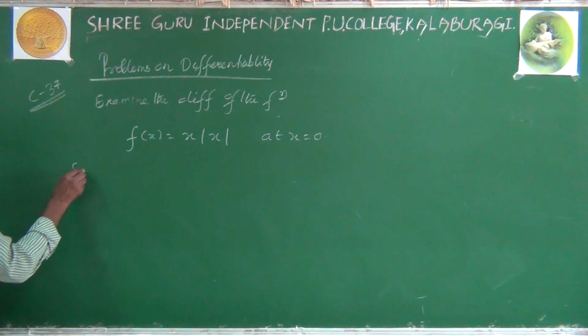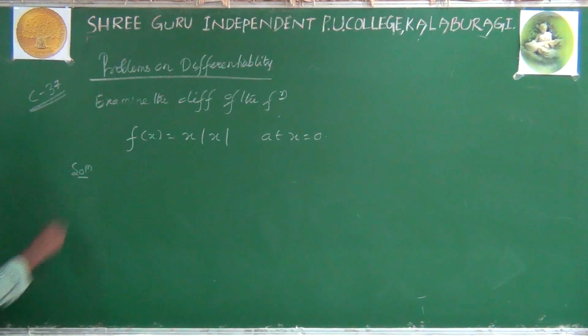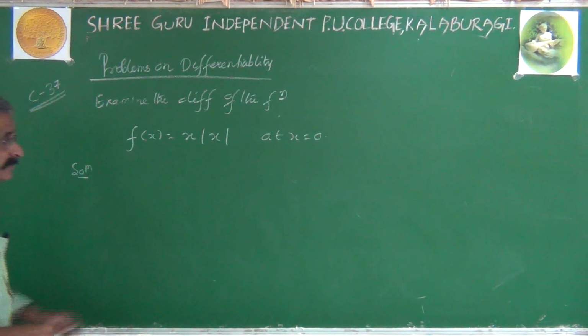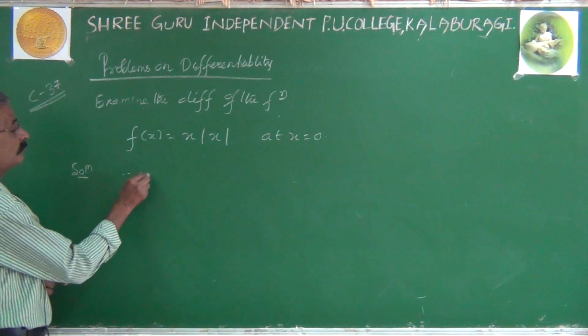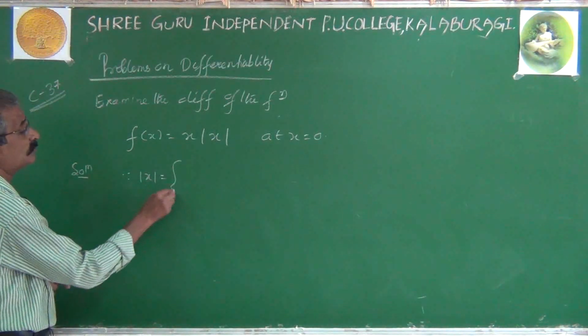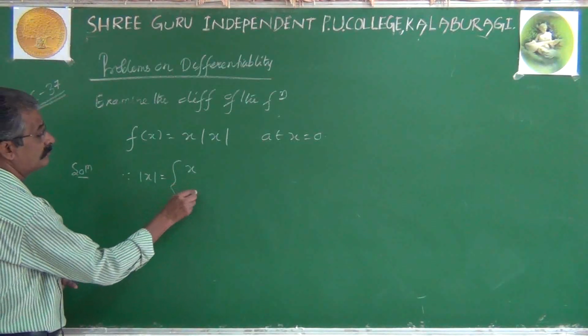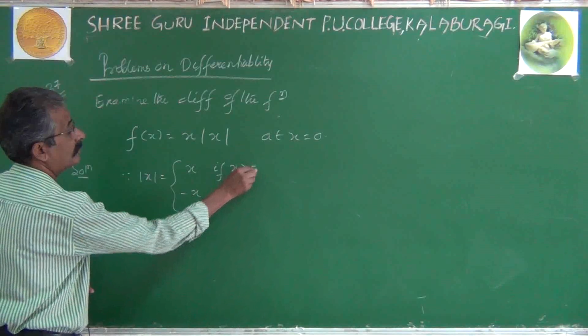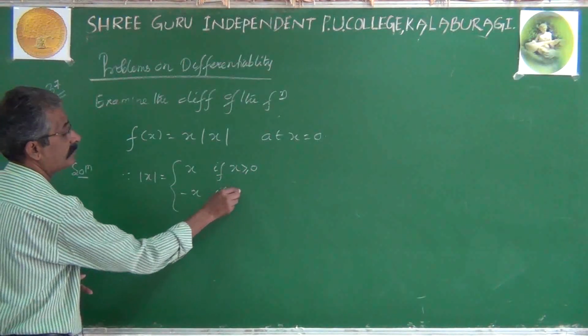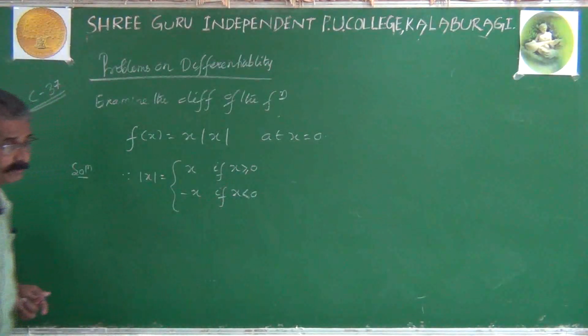Solution. We first analyze the definition of the modulus quantity, since modulus of x is defined by two values: plus x if x is greater than or equal to 0, and minus x if x is less than 0.